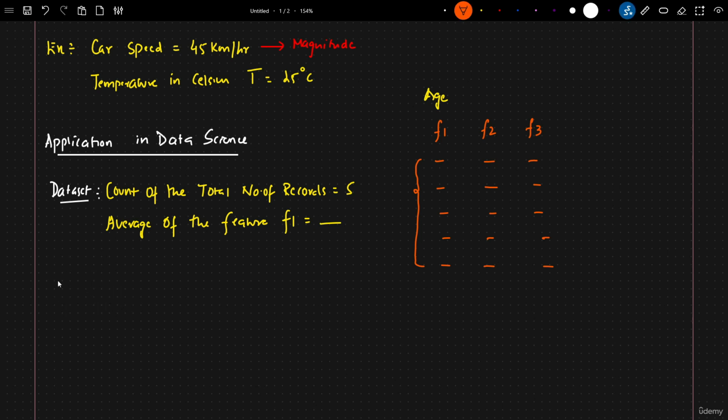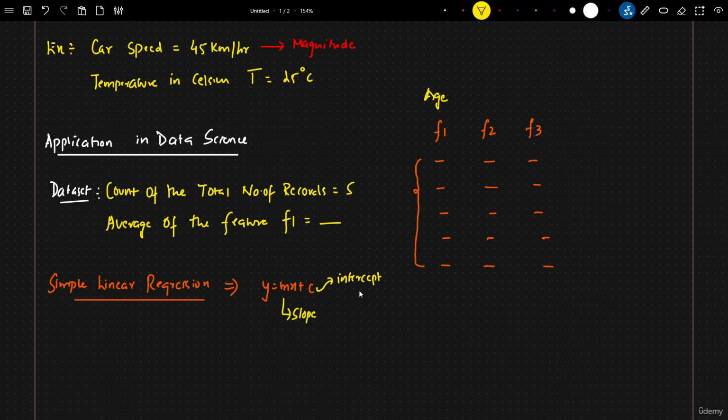In simple linear regression, we use an equation which is y = mx + c. Here m is the slope and c is the intercept. Over here, we will not consider m as a scalar. Why?